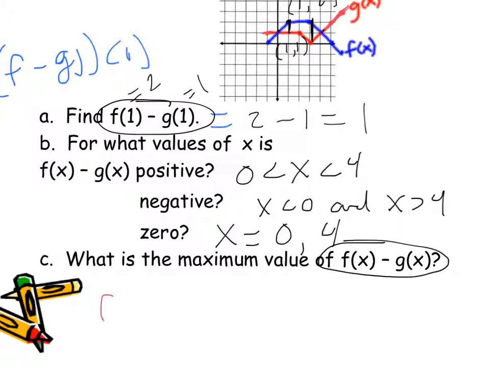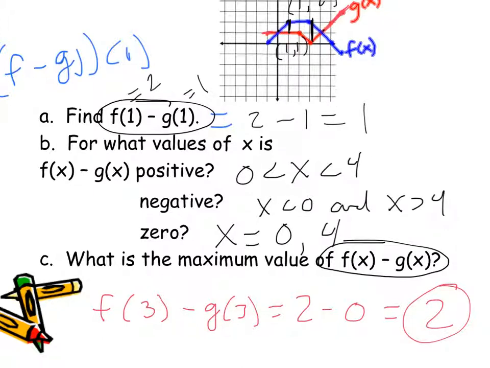So it appears to me that f of 3 minus g of 3, okay, and it looks like f of 3 is 2, g of 3 is 0. The difference there is 2, and that's the biggest I could make f of x minus g of x. At x equals 3, there's a difference between those two functions of 2. And that's as big as it's going to get.